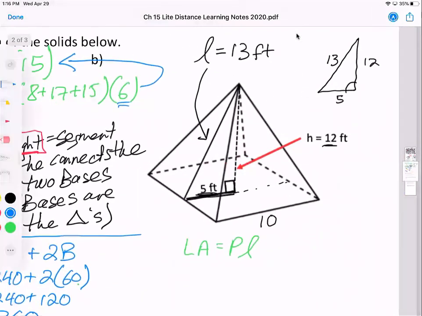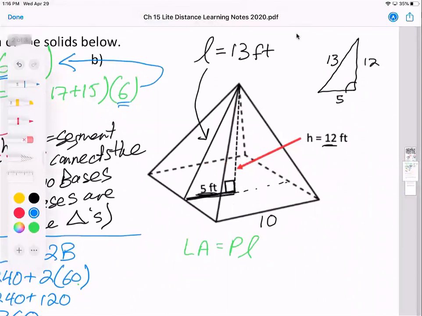So the perimeter of the base is the square. The perimeter of the square would be 10 plus 10 plus 10 plus 10. We got tens all the way around. That's 10, that's 10, and that's 10.